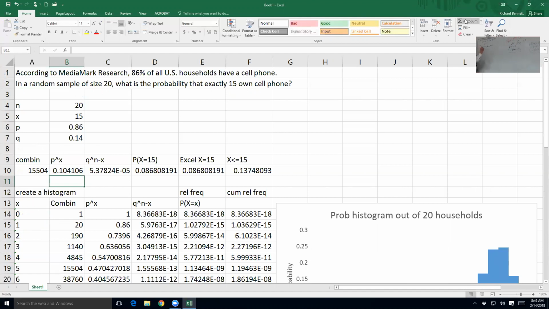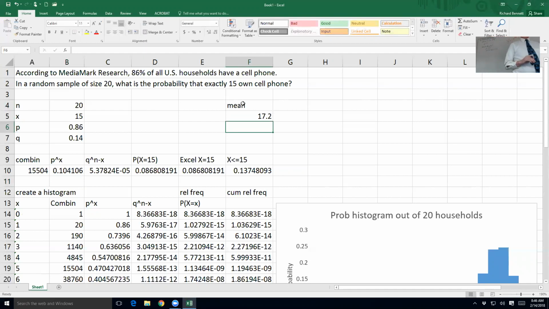The mean of a binomial distribution is simply n times p. If your n is 20 and your p is 0.86, you just multiply those together, that's your mean. So that's a super easy formula. That even makes sense, right? So the mean equals 20 times 0.86. So you would expect 17.2 people out of 20.